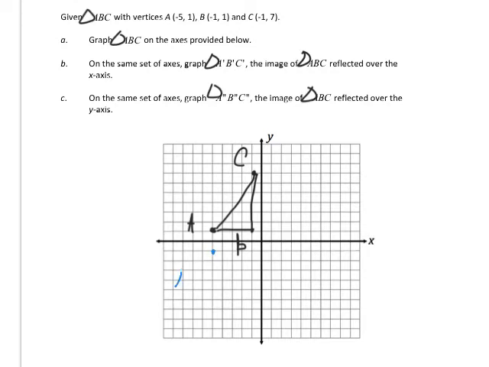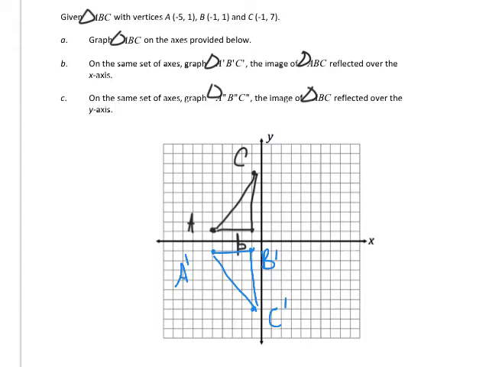So here's A prime. He's now at -5, -1. B prime is going to be at -1, -1. And C prime is -1, -7. 1, 2, 3, 4, 5, 6, 7. So there's my first image that I created from the pre-image ABC.